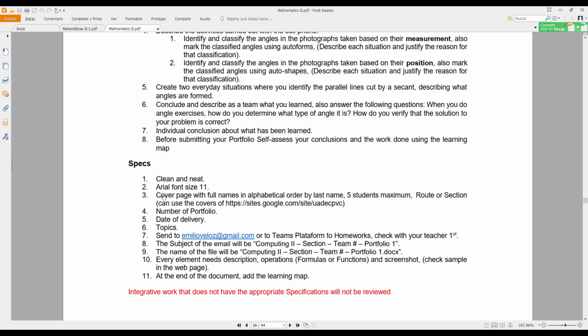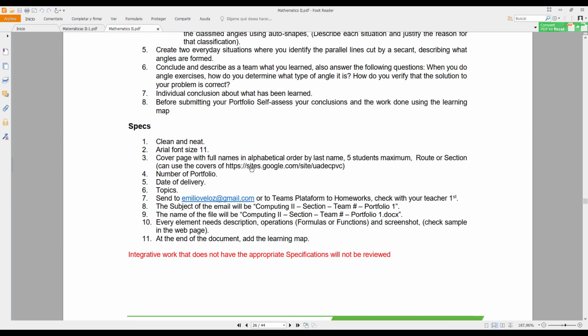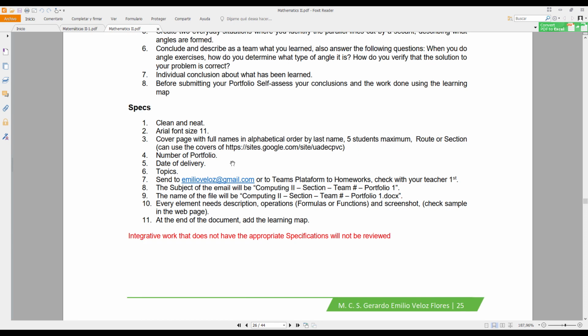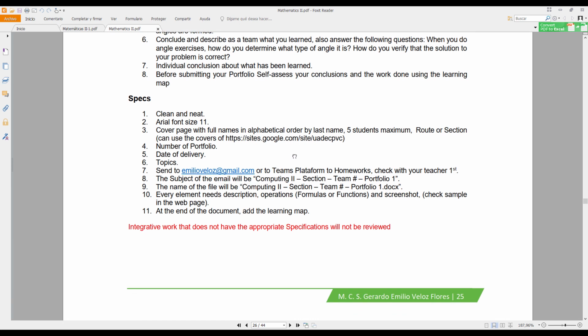The font is Arial, size 11. Page cover with the full names in alphabetical order by last name, 5 students maximum. You can use the covers from that web page. Number of portfolio, date of delivery, topics. You can send it by email, but if we are using Microsoft Teams, you will send it by that application.